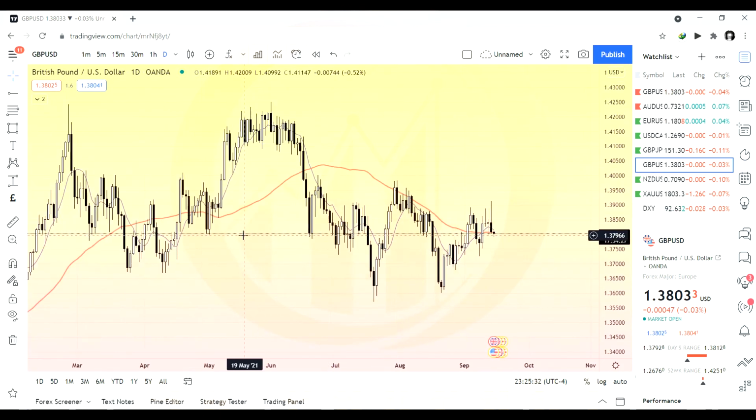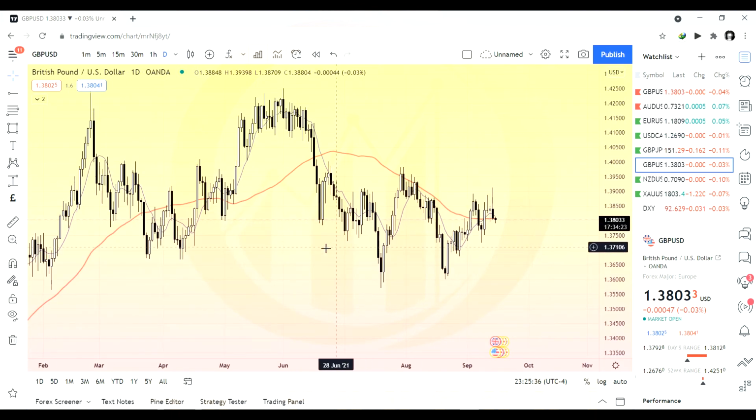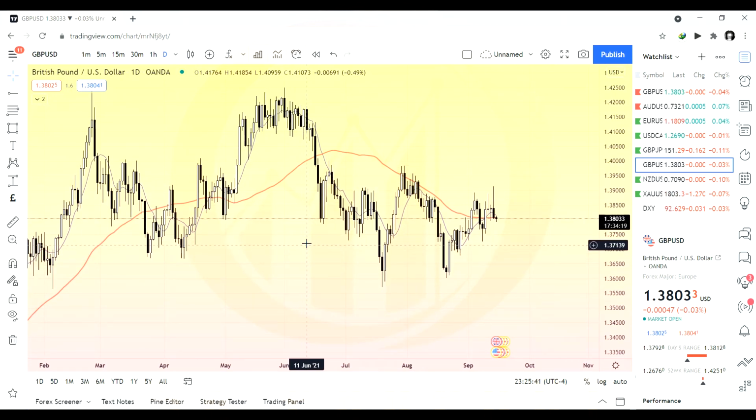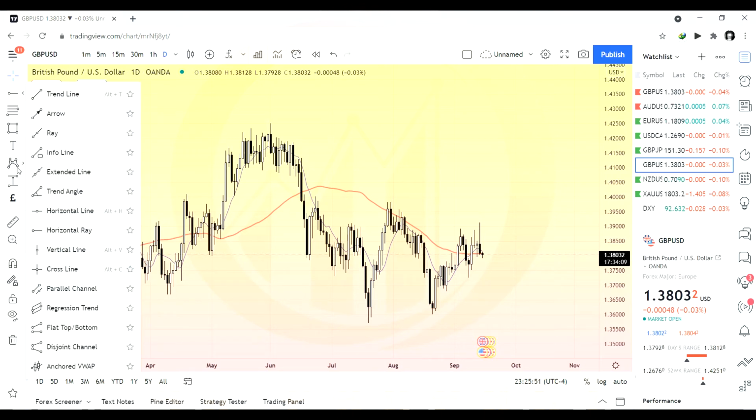Now, this strategy doesn't rely too much on how the market is trending. However, it would be helpful to identify how the market is trending. So we all know that markets trend.